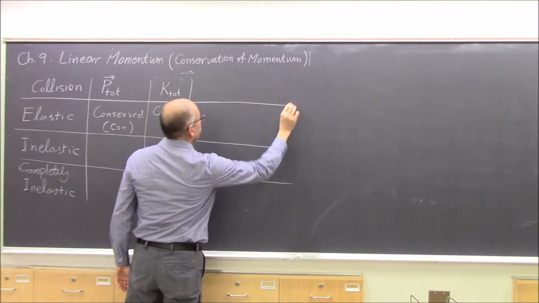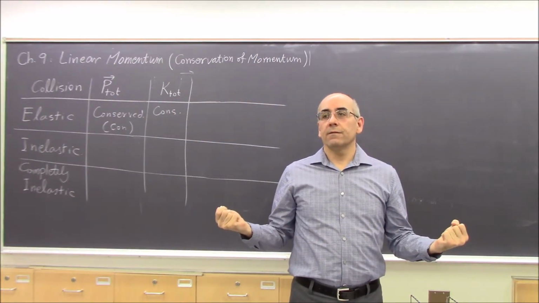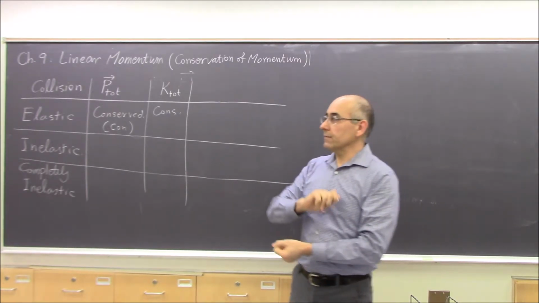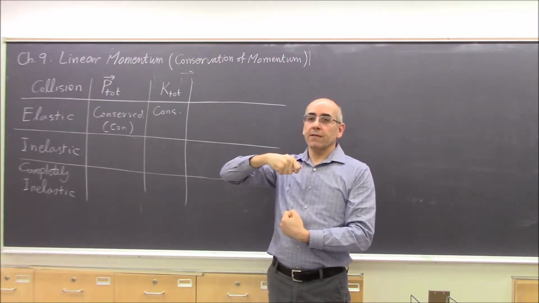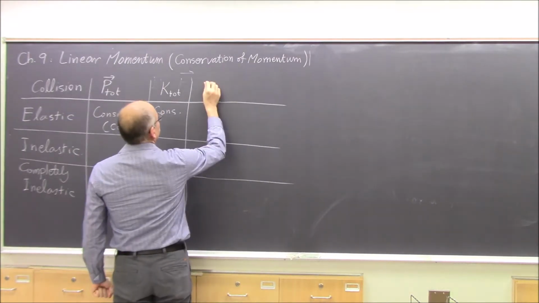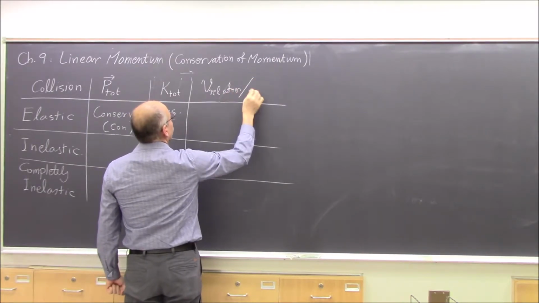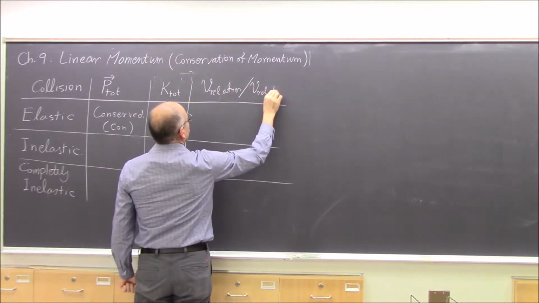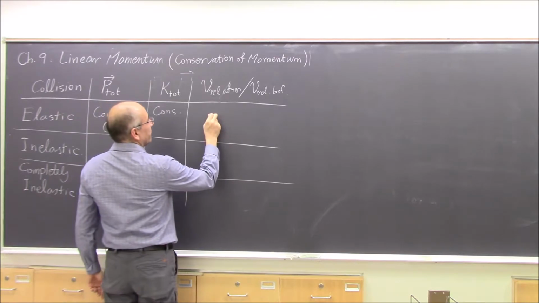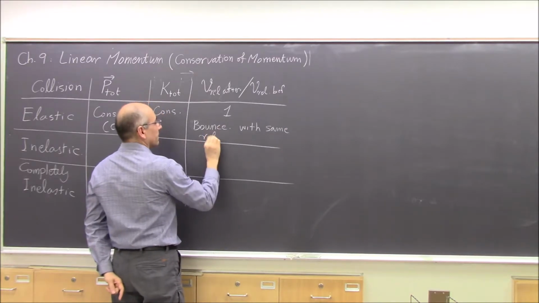And then in terms of rebound, when the two objects hit each other and rebound, their relative speed after the collision and relative speed before collision is the same. It's the same as something thrown at the wall. It comes back at the same speed. So V relative after over V relative before, the ratio of the relative velocities after and before, will be 1, bounce with same relative speed.